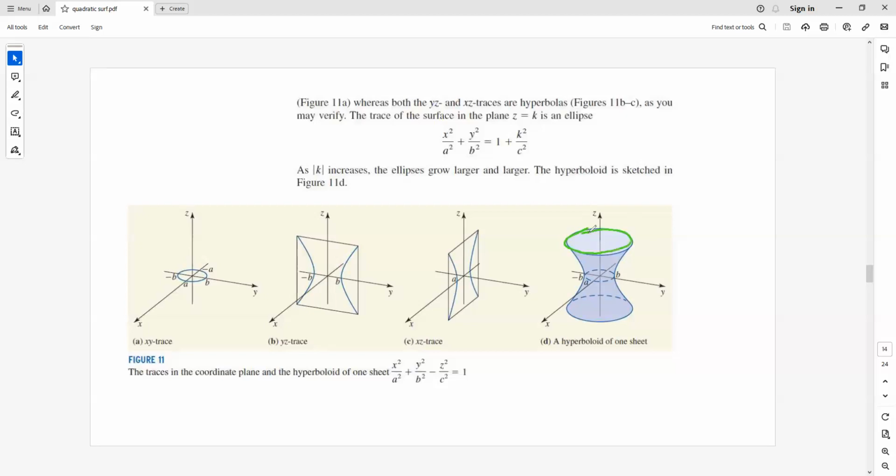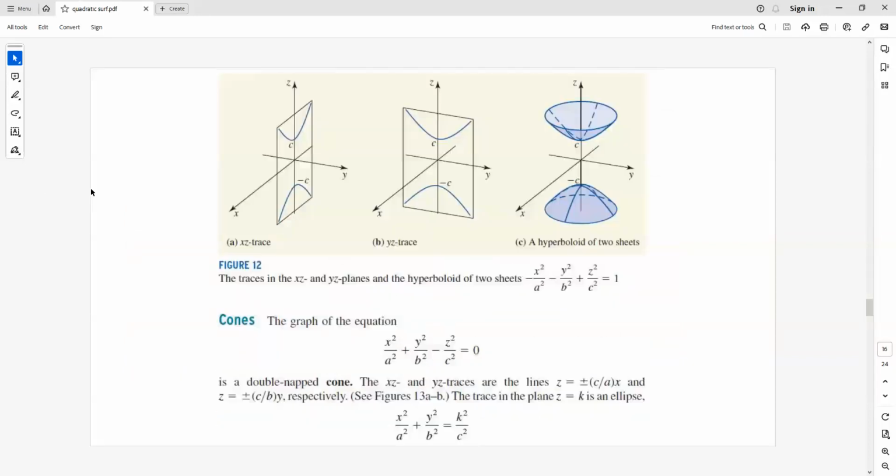So it's all elliptical. This is called a hyperboloid of one sheet, since it contains only one sheet.